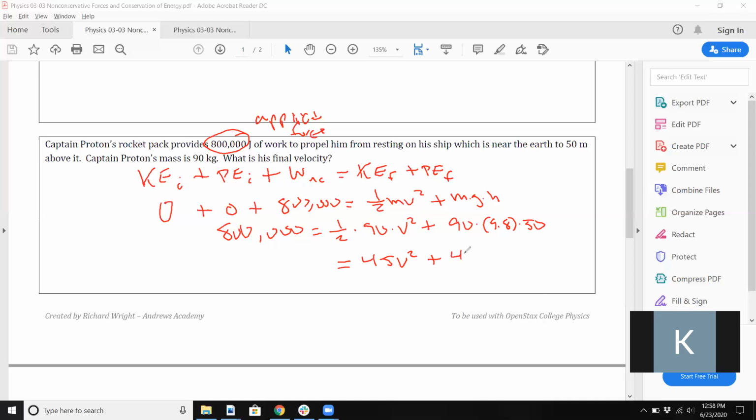A simple cell phone could do the trick here. 800,000, and kind of just work it out. $755,900 equals 45 V squared, divided by 45.